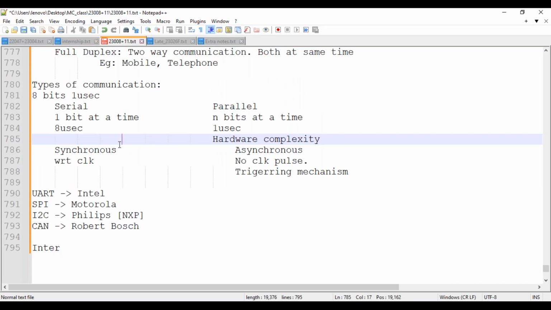Because of that, people started using it, and these days so many advancements have been made that serial communication is comparatively faster than the older serial communication used to be. So, due to the hardware complexity advantage, people use serial communication.